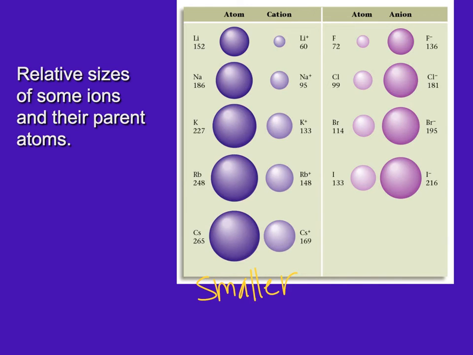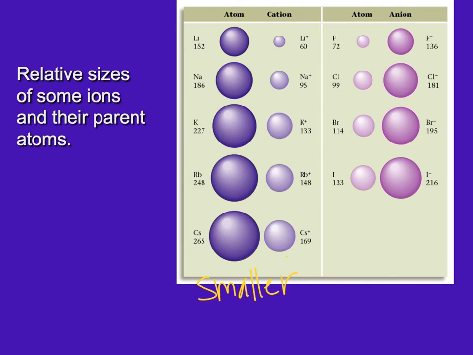You have more protons than electrons, so everything gets pulled in tighter. So lose electrons, lose weight, all right? And you get smaller in size. Once again, the smaller it gets in size, that means it's getting more and more attracted to the nucleus.